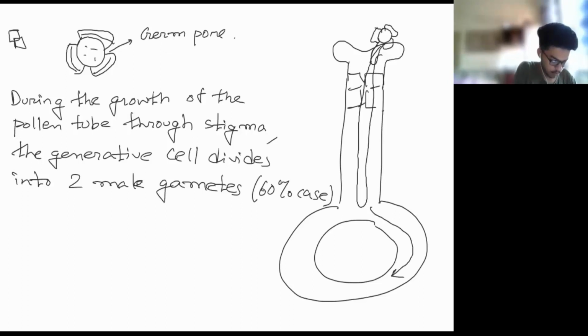Now, this is not much of a big topic. It's a fairly short topic of discussion. So you have to remember this structure. Now the pollen tube growth, so this is the pore, right?